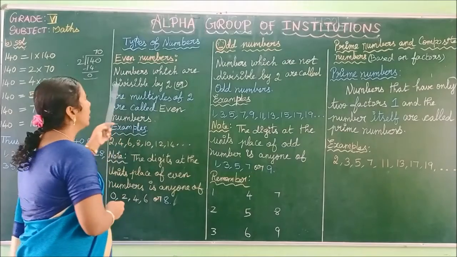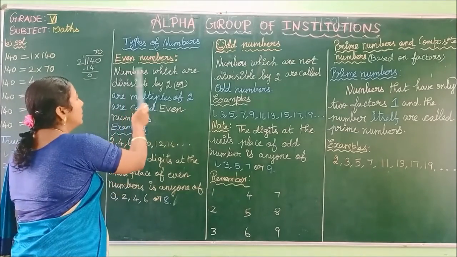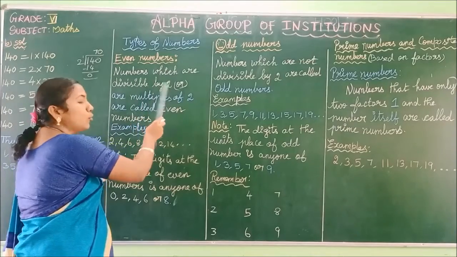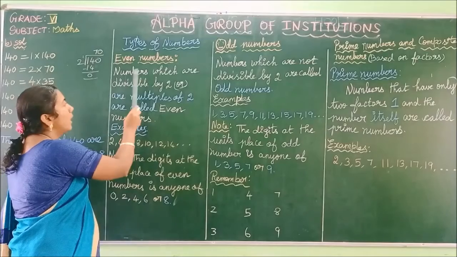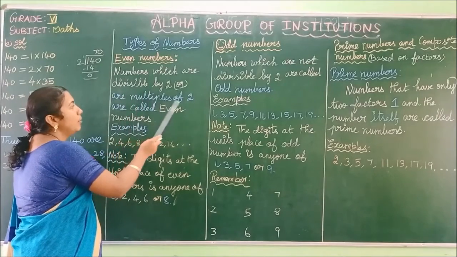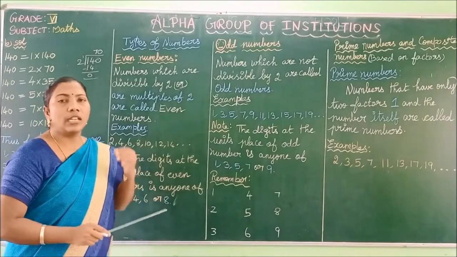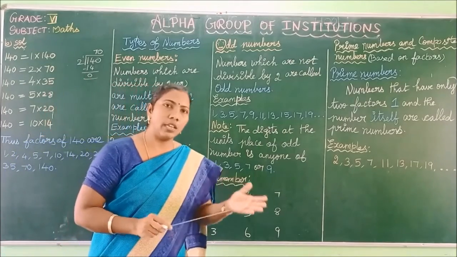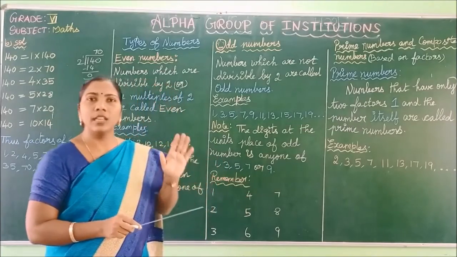Here we are defining the even number by the divisibility concept. Numbers which are divisible by 2 are called even numbers. We can also define numbers which are multiples of 2 as even numbers.